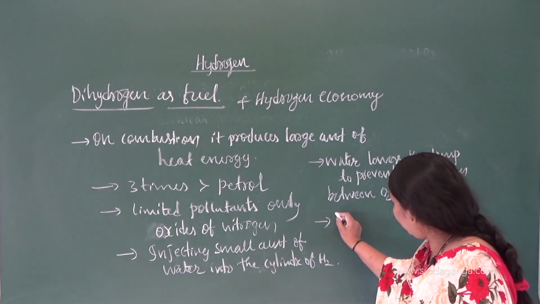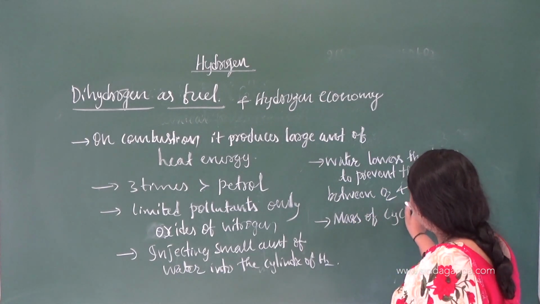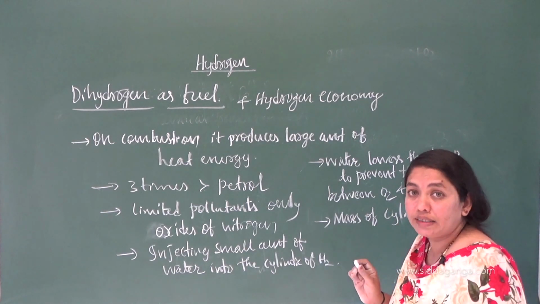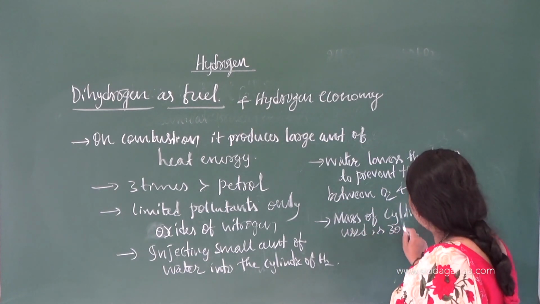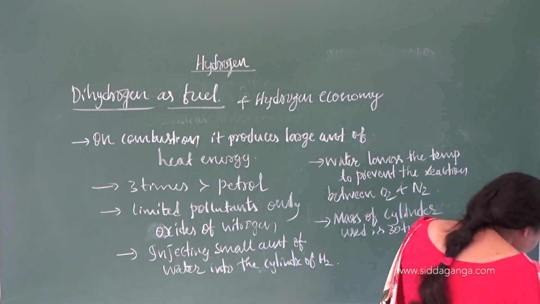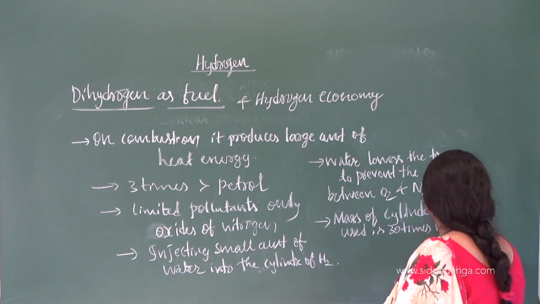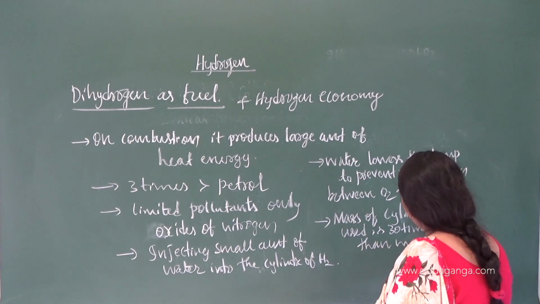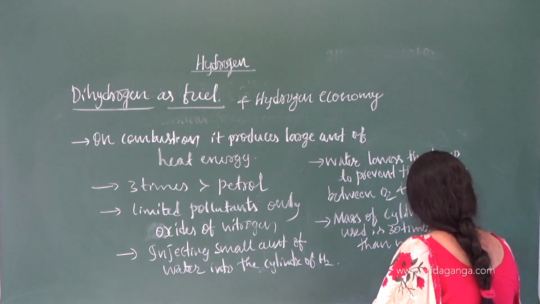If you look at the mass of the cylinder or container used, it is 30 times more than the mass of a petrol cylinder, or you can say LPG cylinder.